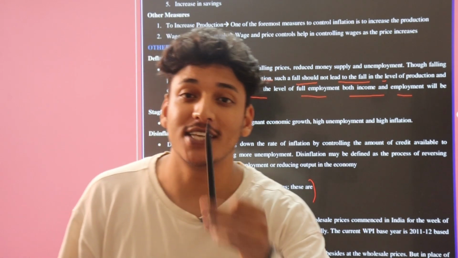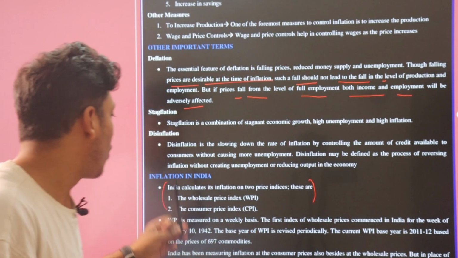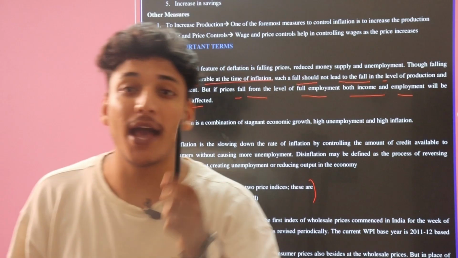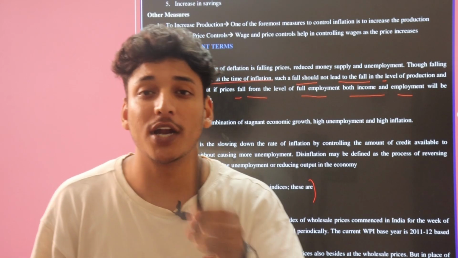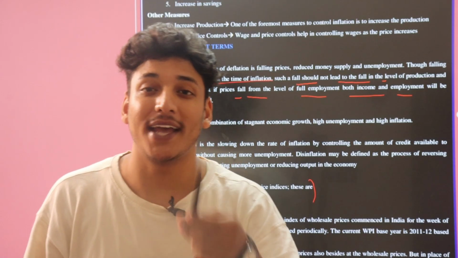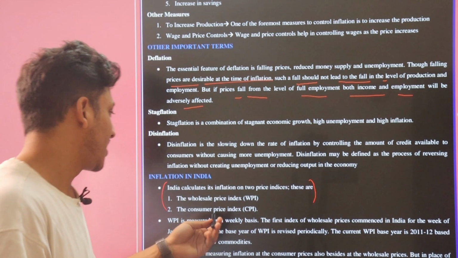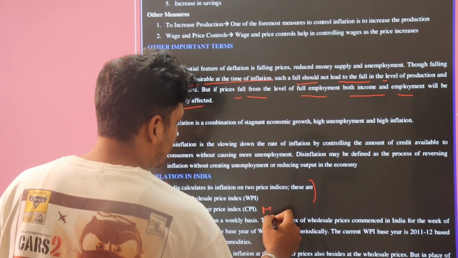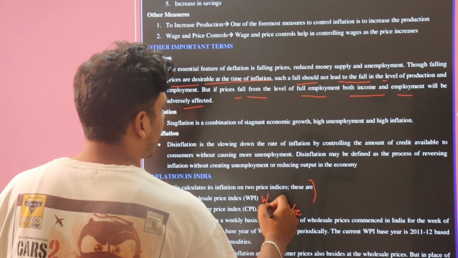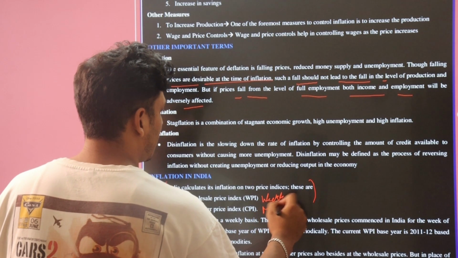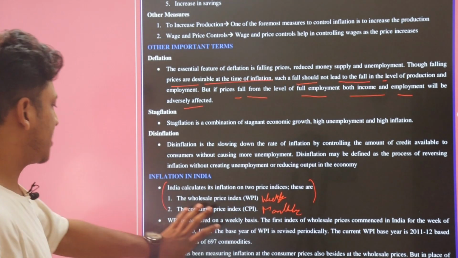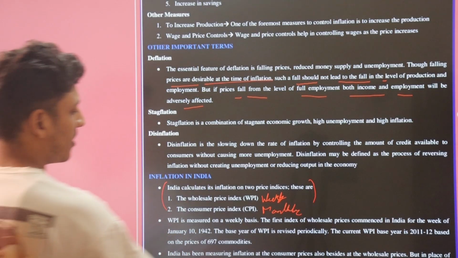Now, the consumer price index is the average price of a product at the consumer level, and this is monthly. We calculate CPI monthly, remember this, and we calculate wholesale price weekly. Just go through these WPI measures and basics.